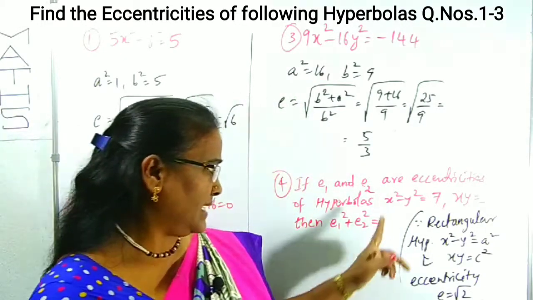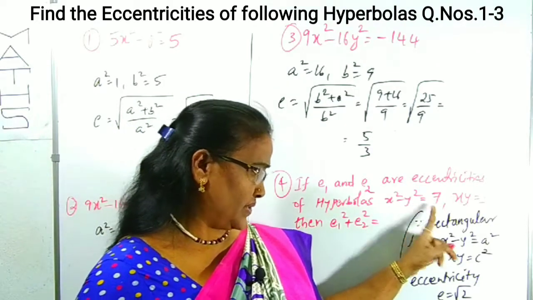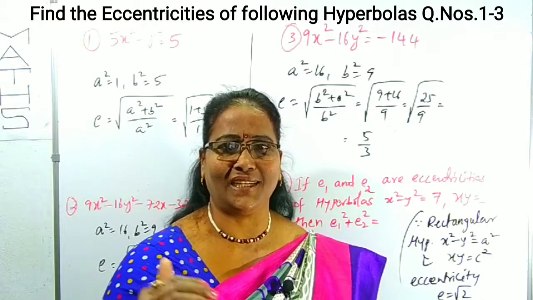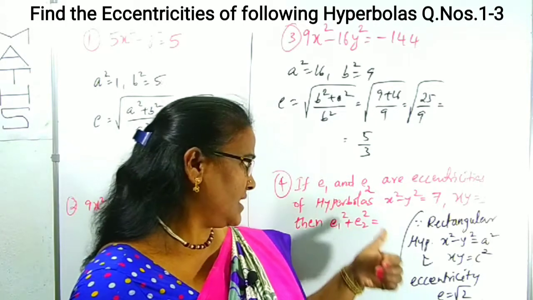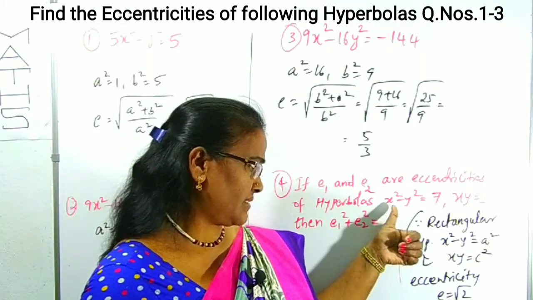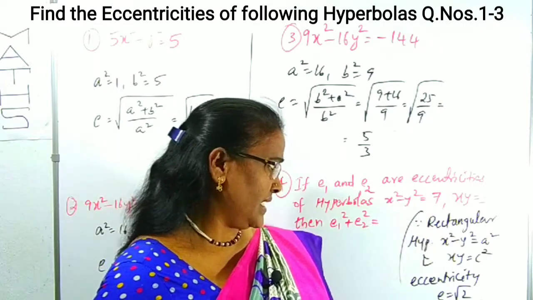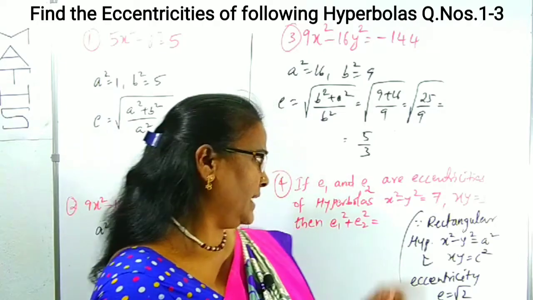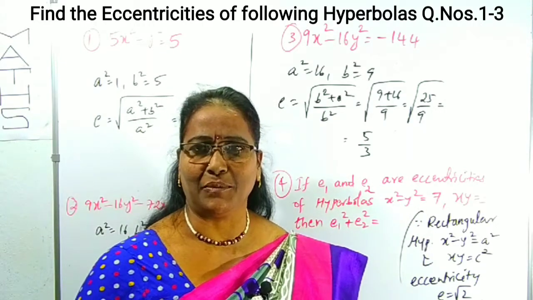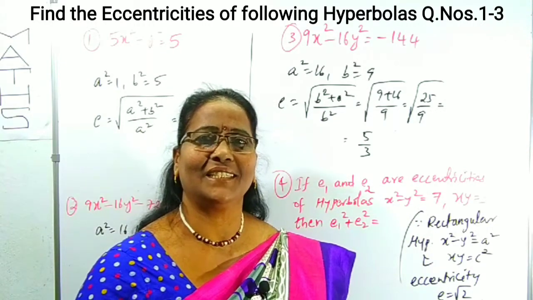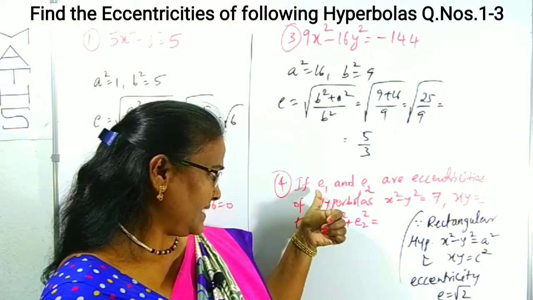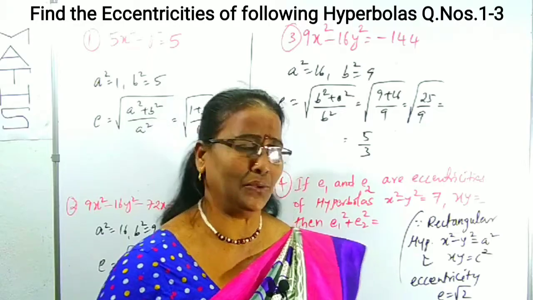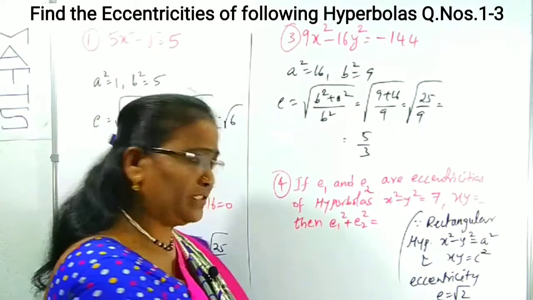What is given here? x square minus y square is equal to 7, and xy is equal to 3. These two are clearly rectangular hyperbolas because they are in the form x square minus y square equals a square and xy equals c square. Each hyperbola is a rectangular hyperbola. What is its eccentricity? Root 2. Given as e1 and e2, e1 is root 2 and e2 is root 2. So what do you have to find finally?